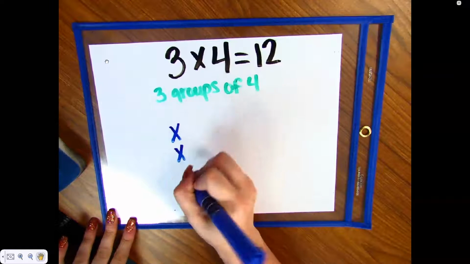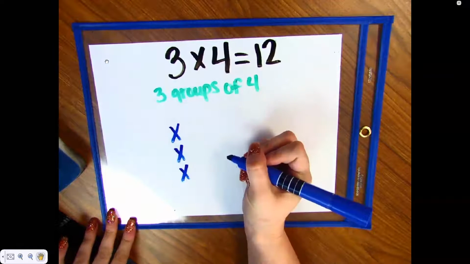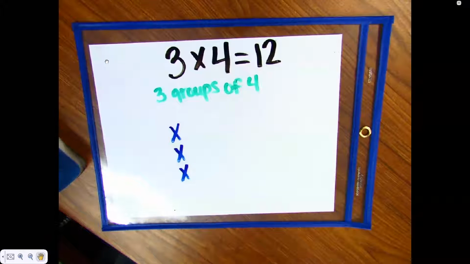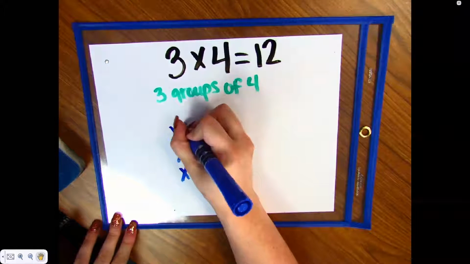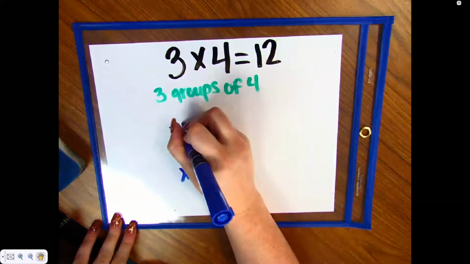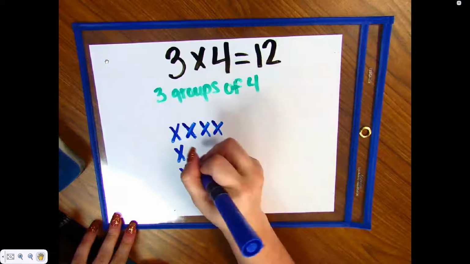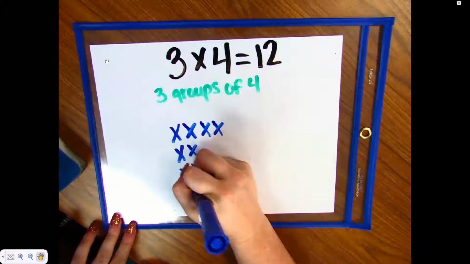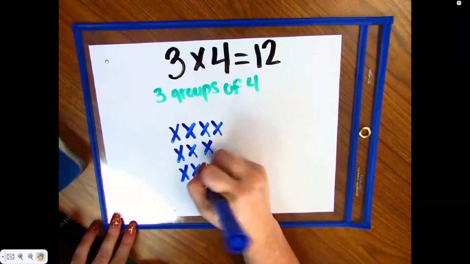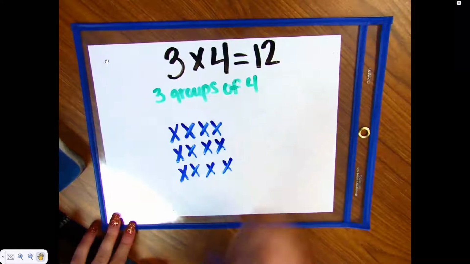1, 2, 3. So how many X's need to go on the top? Bella, how many X's need to go on the top? 4. I already have 1, 2, 3, 4. So then I'm going to fill in the rest.